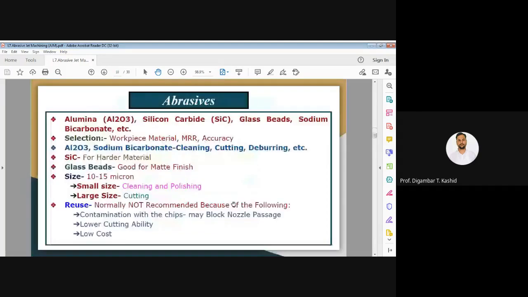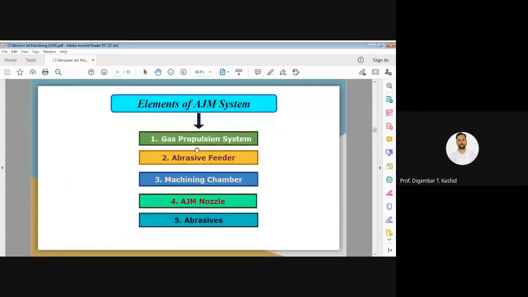So first is the gas propulsion system. It supplies clean, dry gas to propel the abrasive particles. That means it acts as a carrier gas for the abrasive particles, because we need to carry the abrasive particles from the mixing chamber to the top surface of the workpiece.